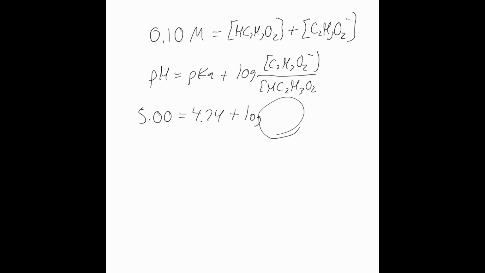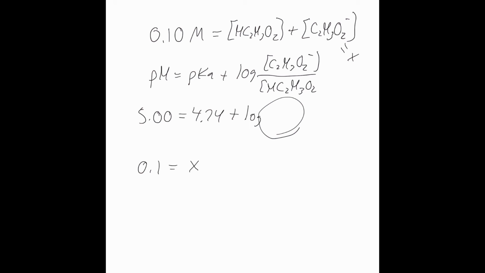Okay, so what we're going to do is we've got 0.1 is our total, and then I'm going to set, and it doesn't really matter which one, but I'm going to set that equal to x, because this is just going to be an algebra problem. We have the total, we can figure this out.